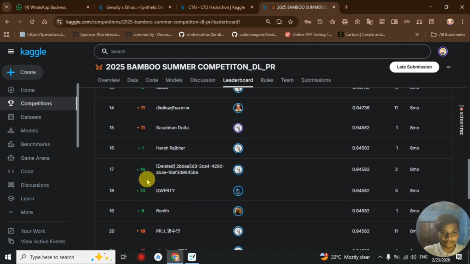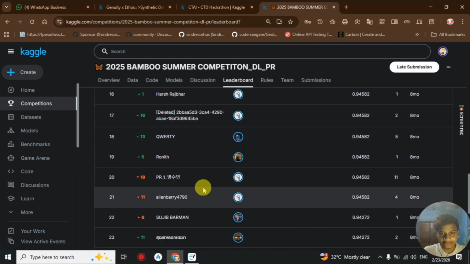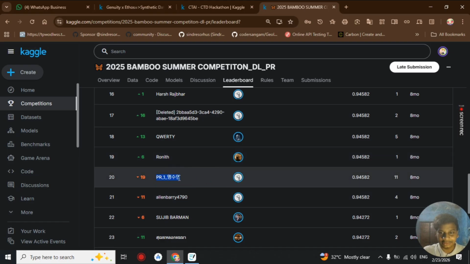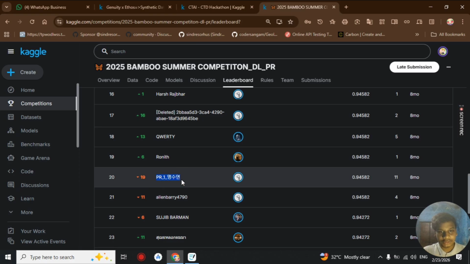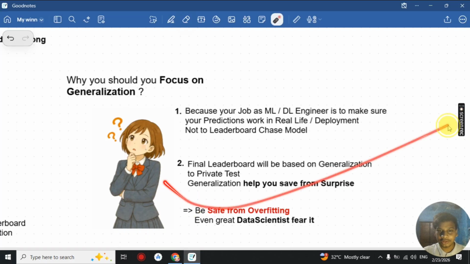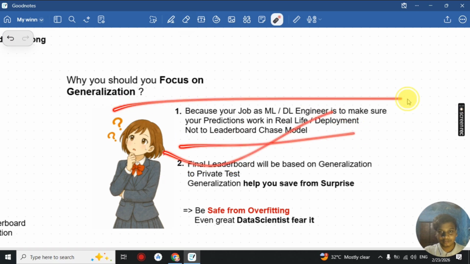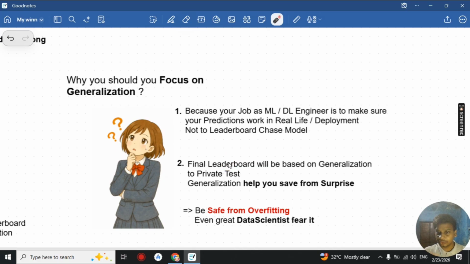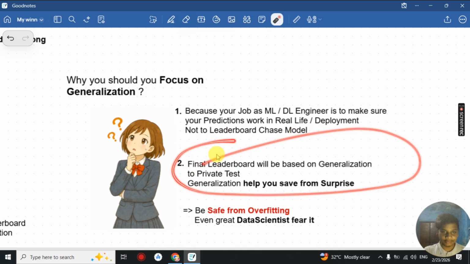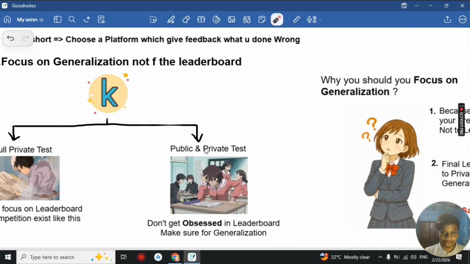And you would see the minus rankers at the bottom of the column; he is minus 19 here, so now in the 20th rank. So you can basically see the situation. Always focus on generalizing the model well, not on obsessing over the leaderboard. Again, the final leaderboard will be based on generalization to the private dataset.